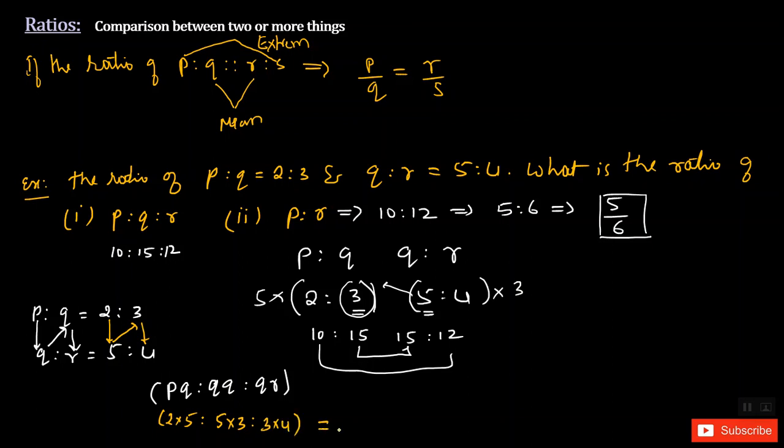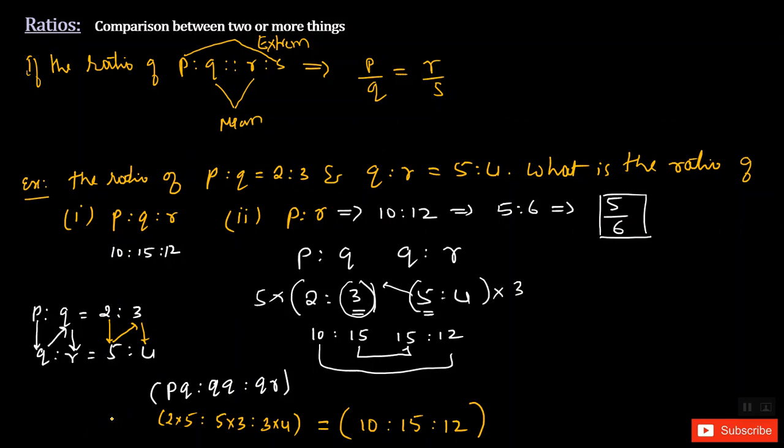This is equivalent to what we get. 2 times 5 is 10, 5 times 3 is going to be 15, and 3 times 4 is going to be 12. Same thing, we got the same answer. So 10 is to 15 is to 12. That is the ratio of P is to Q is to R, and 10 is to 12 is the ratio of P is to R, right? So these are the different ways.